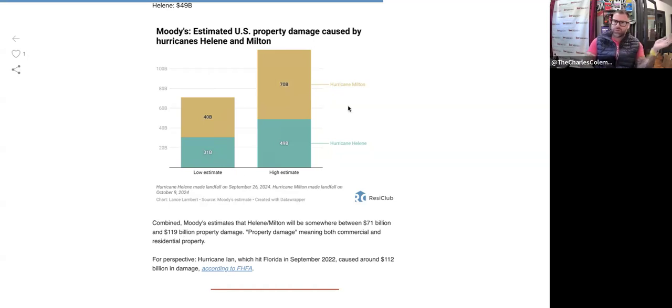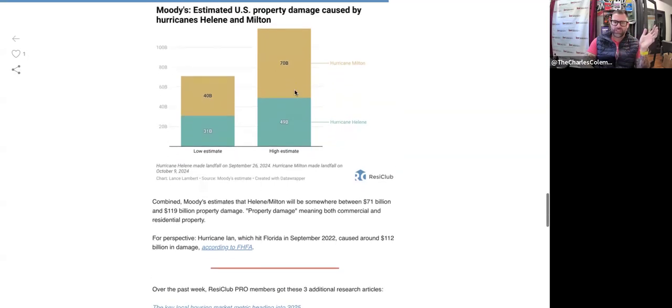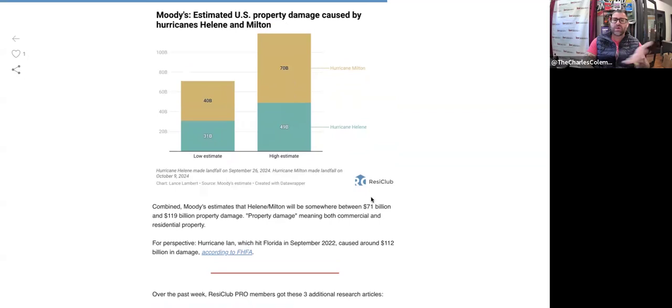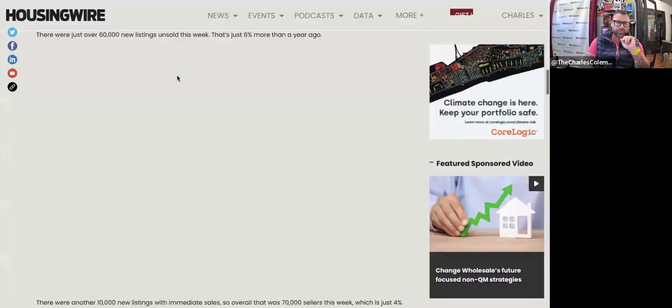So our insurance obviously is going to go up. It's going to impact home ownership in the future. And yet we don't know what the true aftermath of this looks like and what the true devastation is, except in terms of dollars, anywhere from 71 to $119 billion.